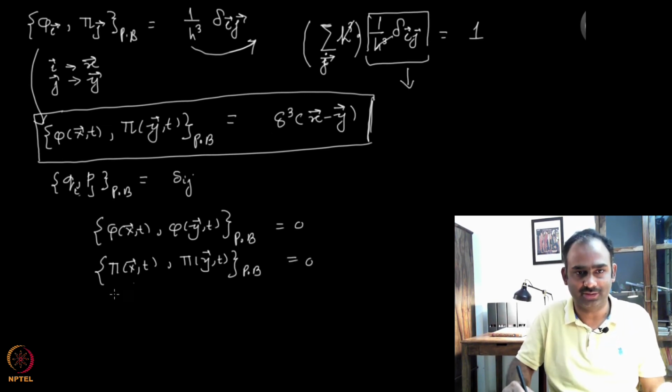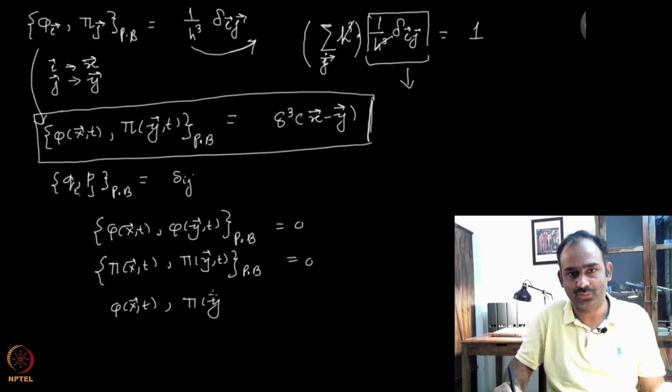And of course you have our third one, the Poisson bracket of φ(x,t) with π(y,t), which is δ³(x−y).